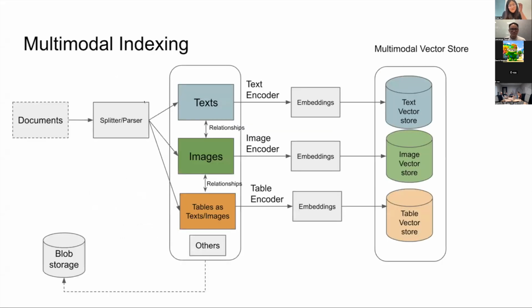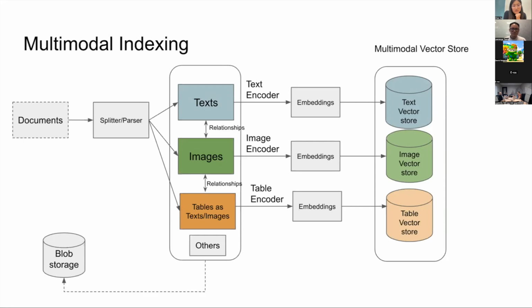Here's a nice diagram that Chen put together to illustrate how this works. Given some input set of documents that are inherently multimodal in nature, this could be an arXiv research paper, an SEC document, or a Medium article. You factor out the text as well as images. You have some generic text encoder to generate a set of embeddings, and some generic image encoder to generate a set of embeddings. Along with any embedded objects, you have a table encoder or chart encoder to generate a set of embeddings.